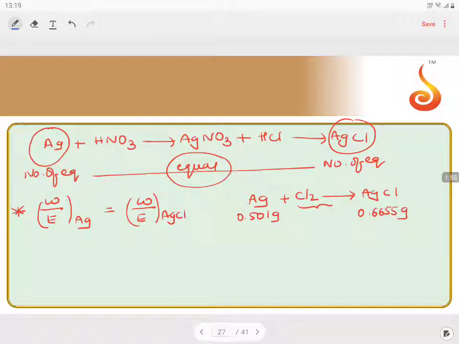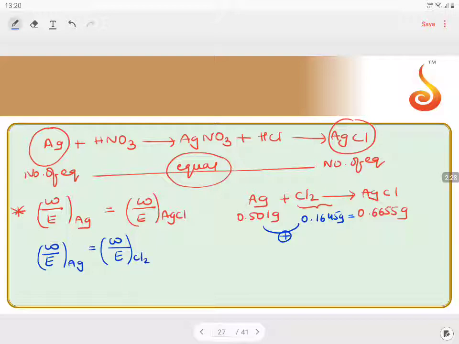If I take here the law of conservation of mass, this will be 0.1645 grams. So the sum of these two should be equal to this value, law of conservation of mass. So taking that into consideration, I can take weight by equivalent weight of silver is equal to weight by equivalent weight of chlorine.